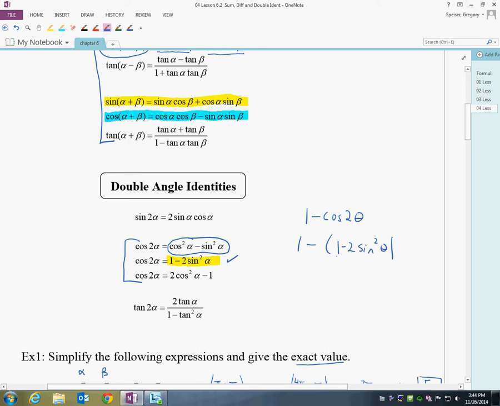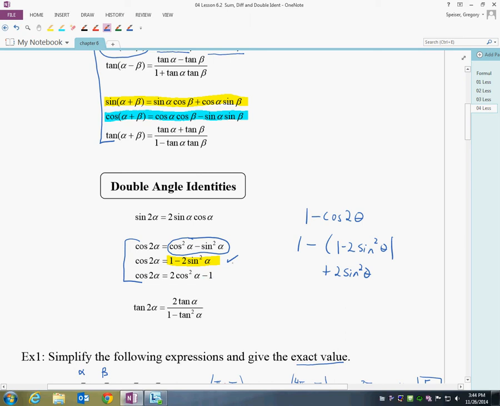The 1's disappear, and I end up getting a positive 2 sine squared theta, right? So a bit of trial and error thinking about how it's going to work. If I pick this one, I would get 1 minus, and then this wouldn't cancel out, so I'd be subtracting a negative. I'd end up getting a 2.